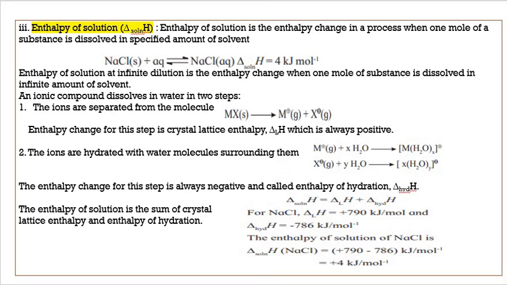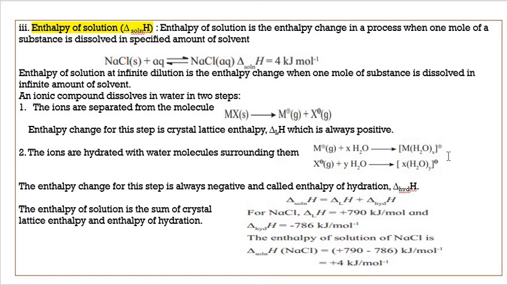In first step, the ions separate from the molecule. Like if a salt is MX, which is solid, it will give you M ion and X ion, or you can say cation and anion. This enthalpy change is the crystal lattice enthalpy, which is denoted by delta L H, which is always positive. In the second step, the formed ions will be hydrated and surrounded by the water molecules.